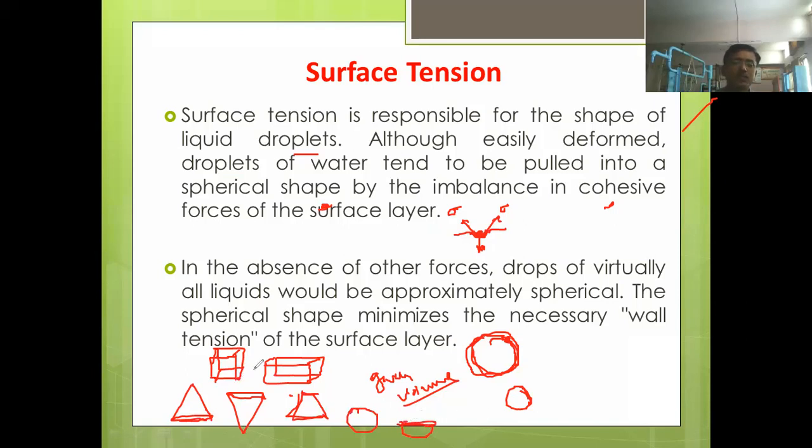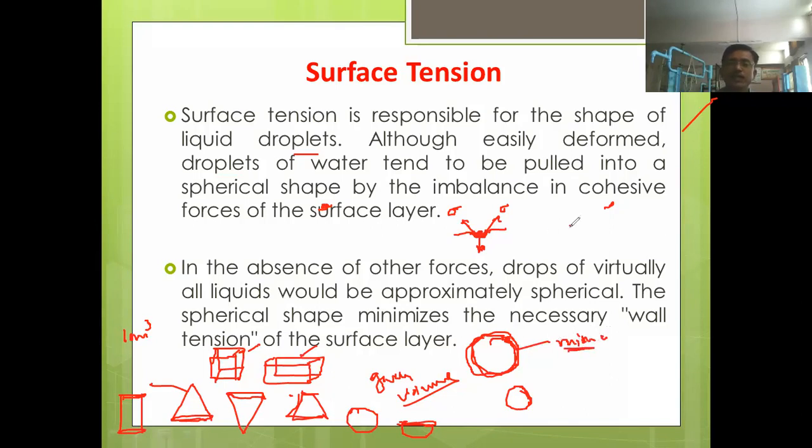Out of all these three-dimensional figures, if you take the same volume of all figures, let us say 10 meter cube volume of this cube, or of this cuboid, or of this cone, or again a cylinder is also another kind of three-dimensional figure, right? Out of all these figures, the sphere will have the minimum surface area.